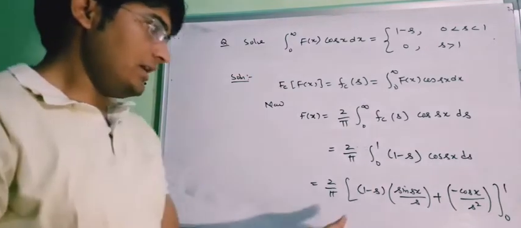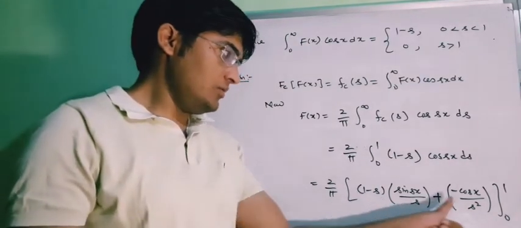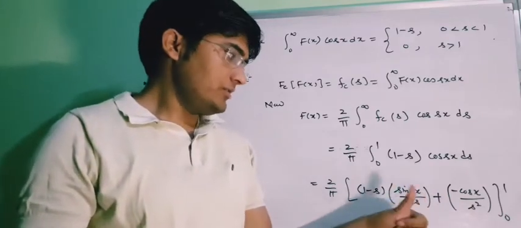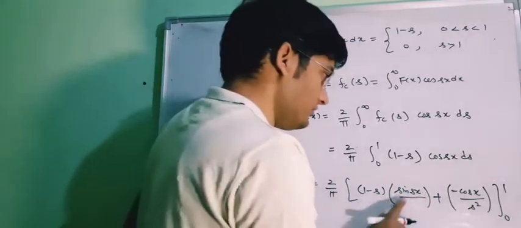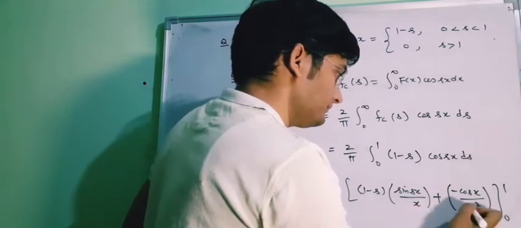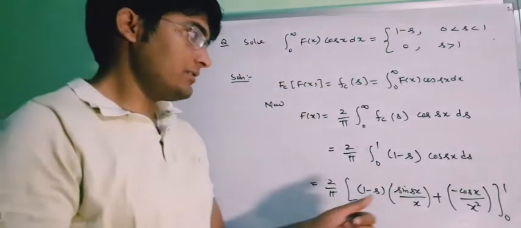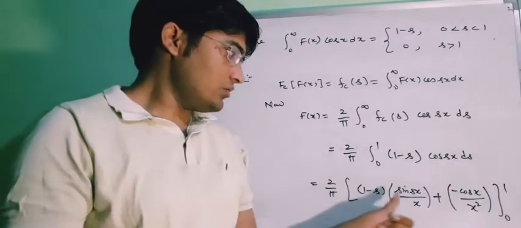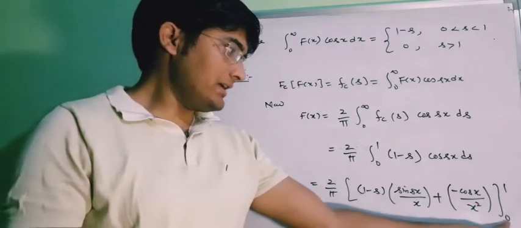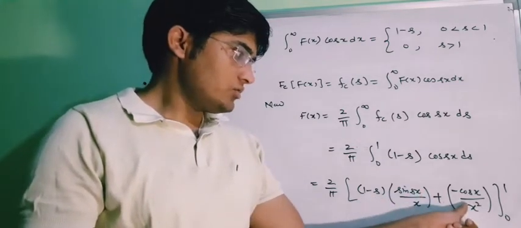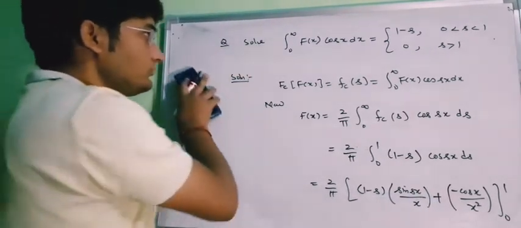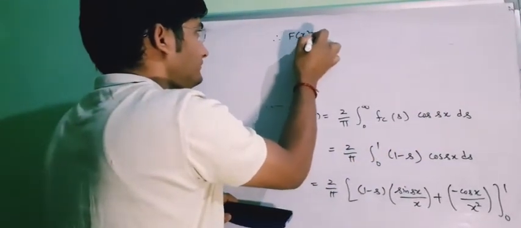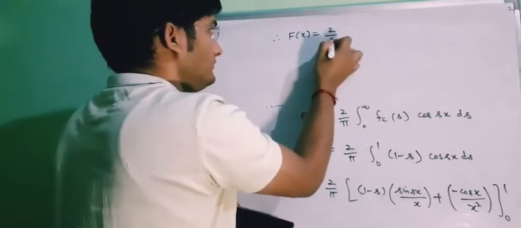Now you can see that the first term is 0 for the upper limit as well as for the lower limit, because we are integrating with respect to s, not x. At s equal to 1 this is 0, and at s equal to 0 this is again 0. So we have only this term. Therefore f(x) will be 2 upon pi.